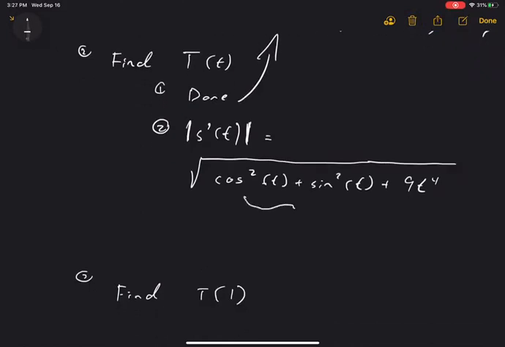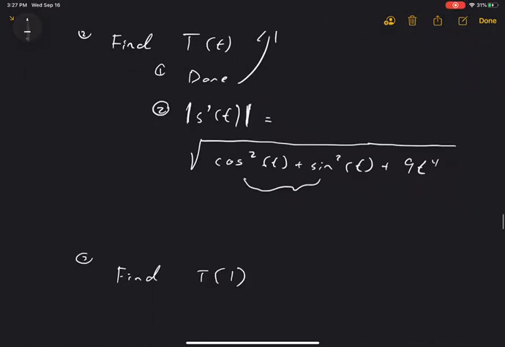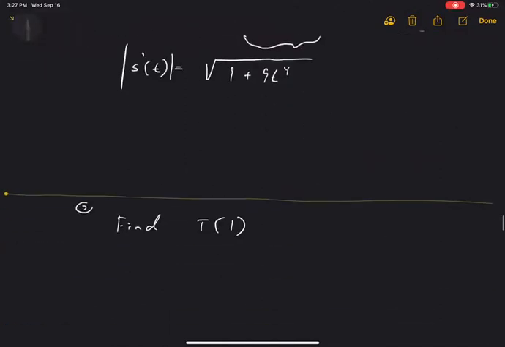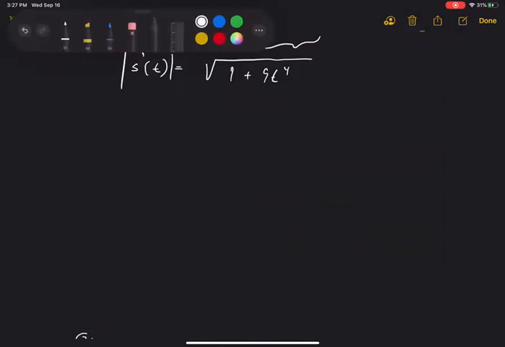And then this is what? This is 1. Cosine squared of t plus sine squared of t is 1. Okay. So this is my length of my tangent vector. All right, so that was step 2 in finding my unit tangent vector.